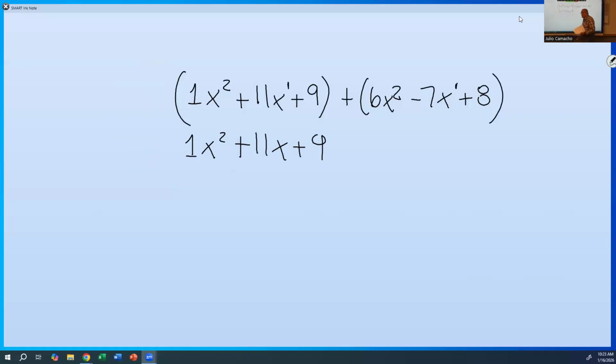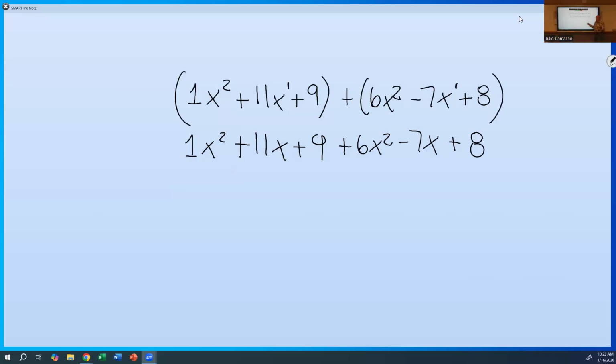Positive times positive is a positive. So you have plus 6x squared. Then you have a positive times a negative, and when you multiply a positive and a negative it is negative. So you have minus 7x, and then a positive times a positive is a positive, you have your 8.